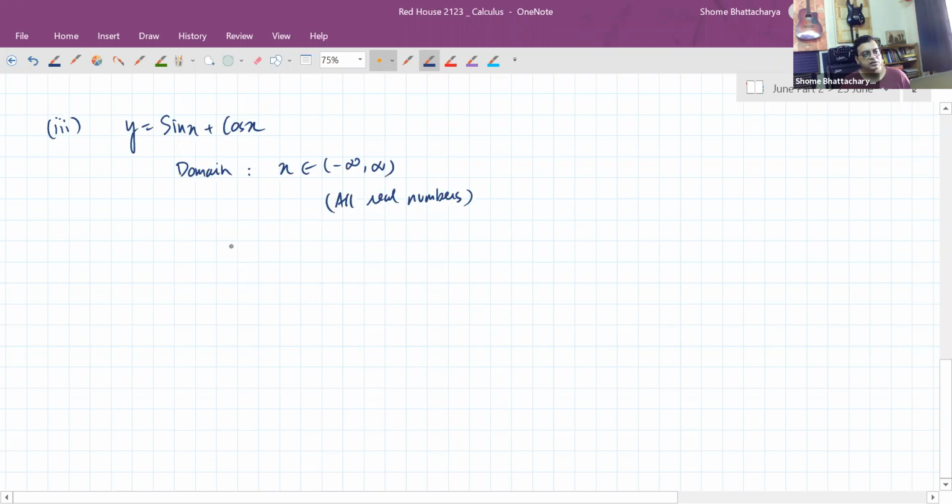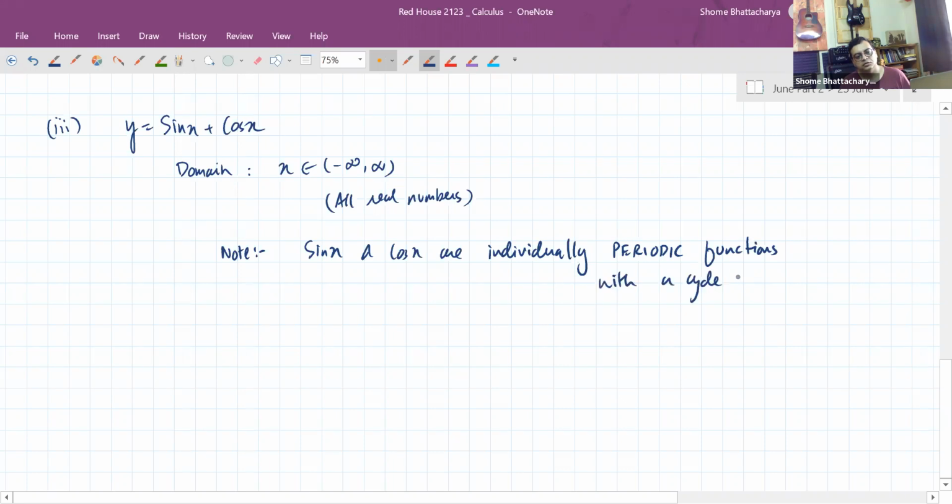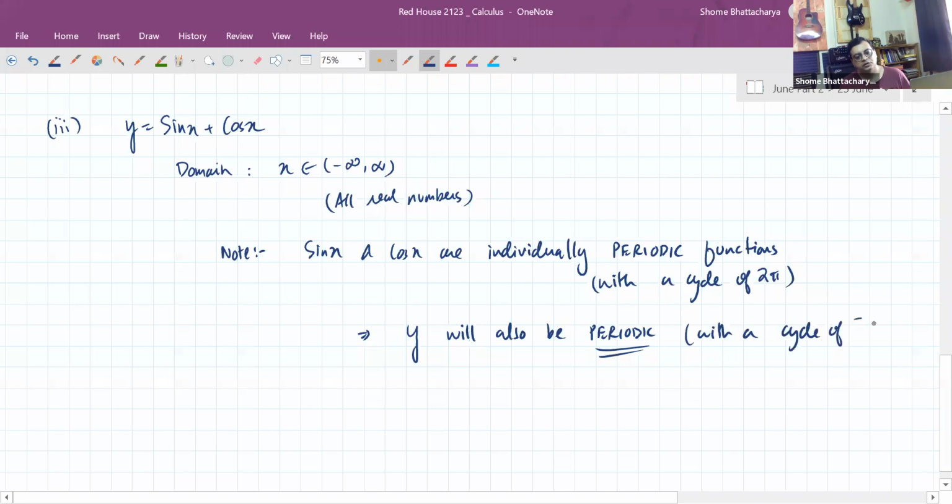Okay. Now the other thing is that sin x and cos x are individually periodic functions with a cycle or period of 2 pi. So therefore here y will also be periodic, again with a cycle of 2 pi.